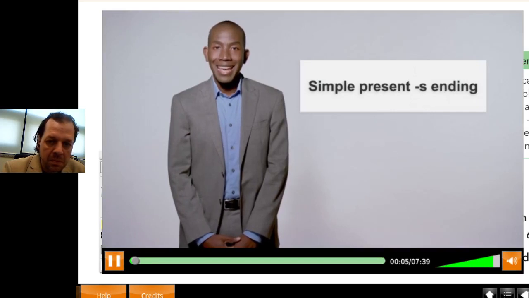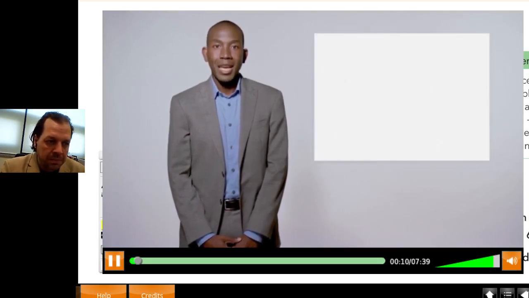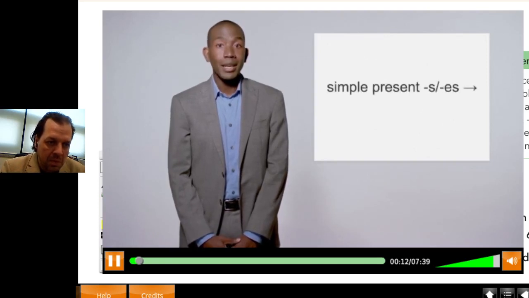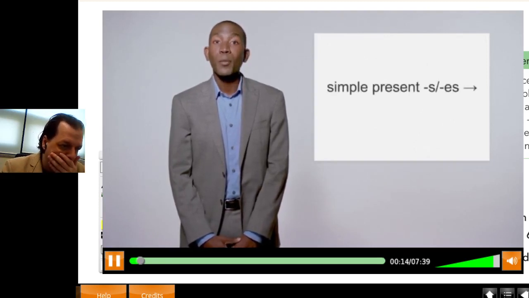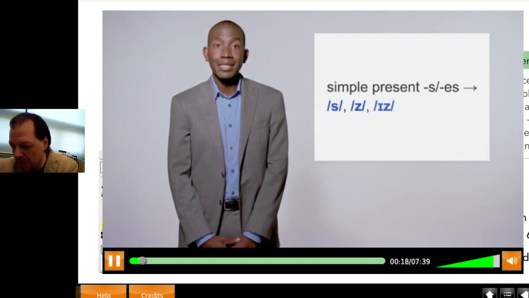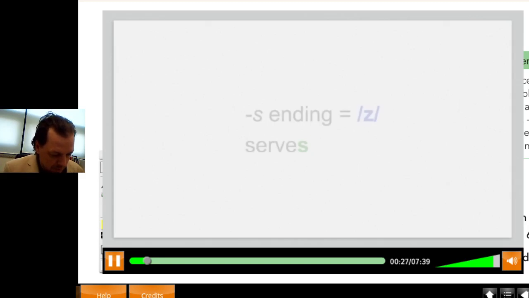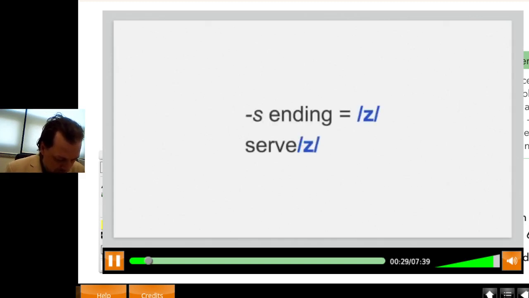Simple present S ending. The simple present S or ES verb ending has three pronunciations: S, Z, and IZ. We say S in works. We say Z in serves. We say IZ in teaches.